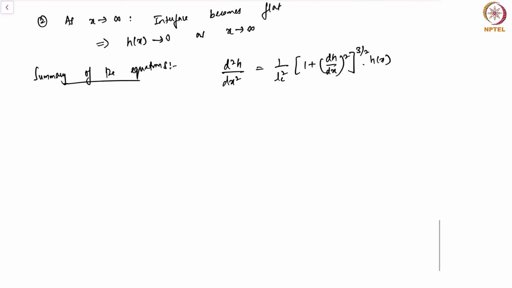This is a nonlinear ODE with dh by dx is equal to minus cot theta e at x equal to 0, and h of x goes to 0 as x goes to infinity, right?